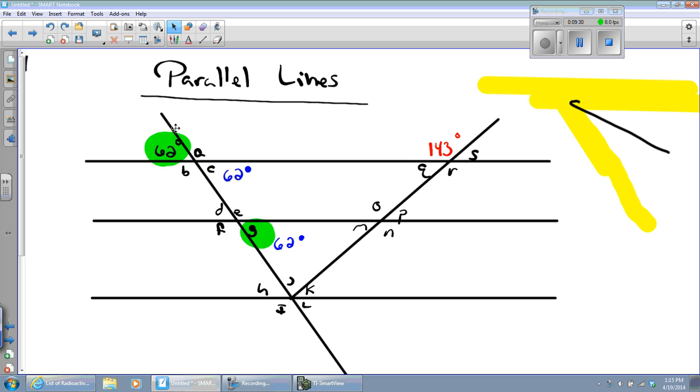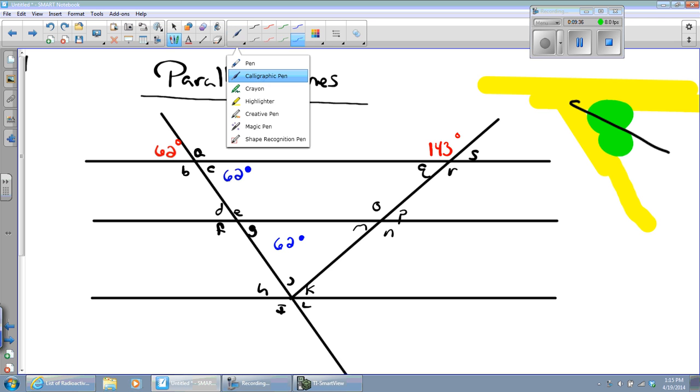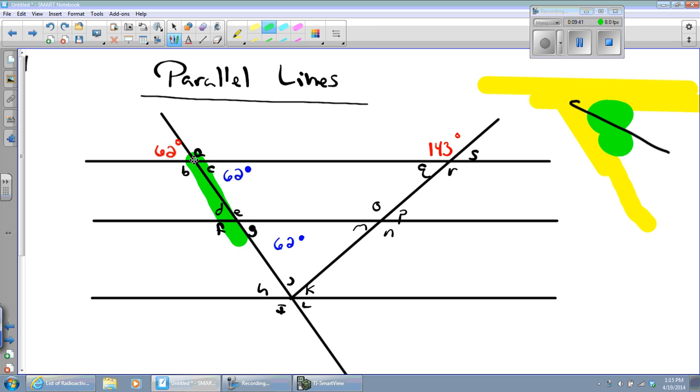All right, let me get rid of that. I'm trying to get rid of these highlightings. And if you look here, there's an F, which forces angle C and angle G to be congruent. Okay?